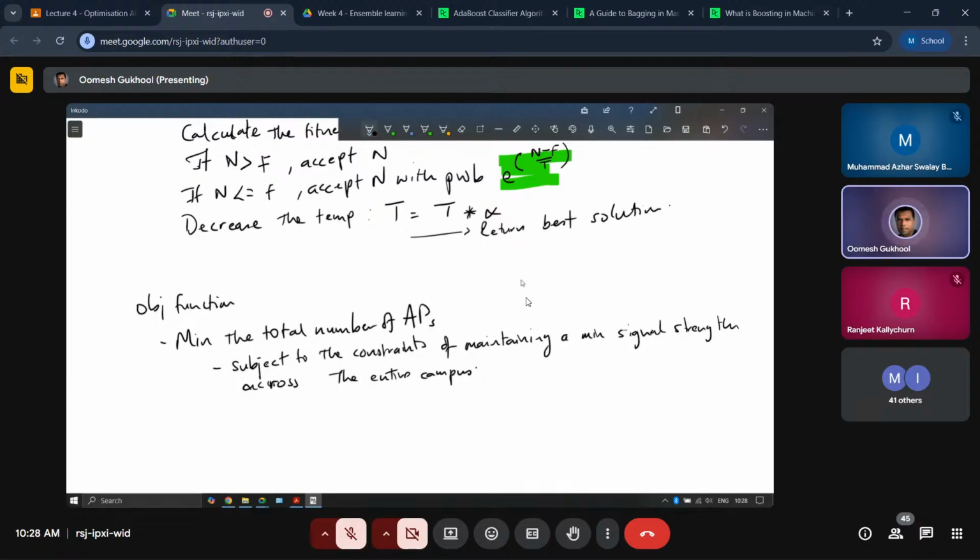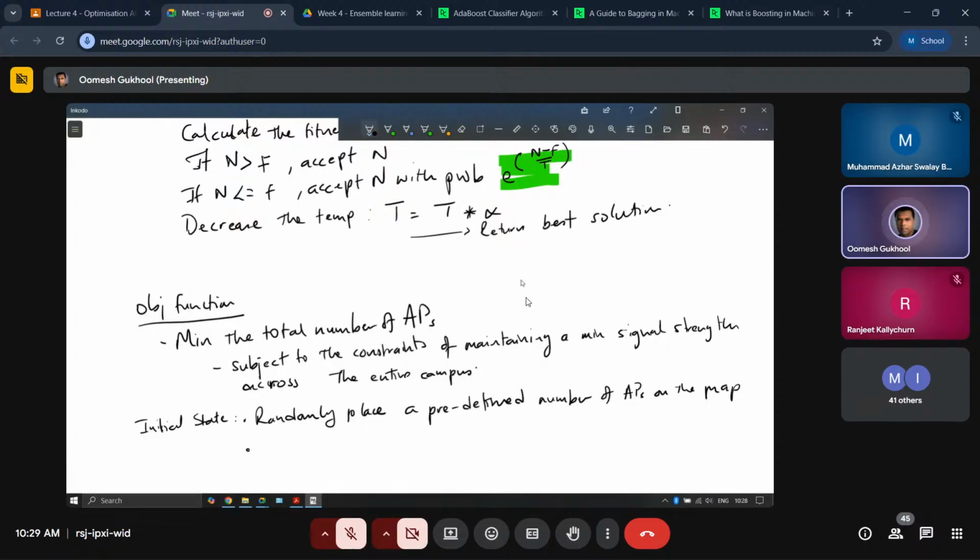The initial state would be to randomly place a predefined number of APs on the map.